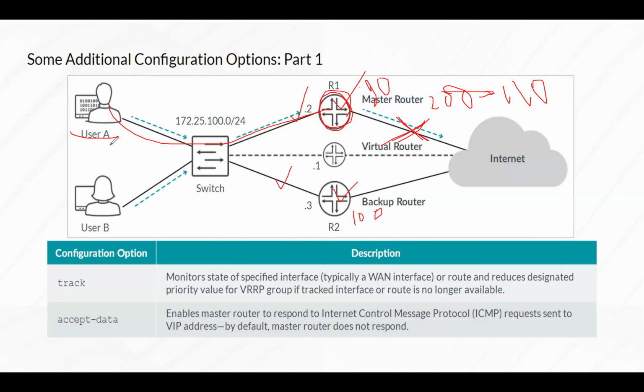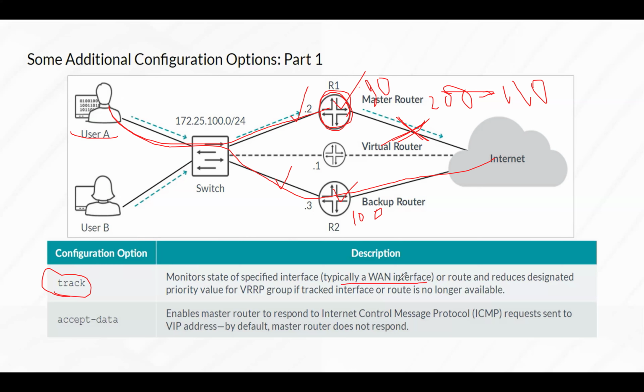In that case, user A's traffic will travel through the backup router, that means router 2. For this case, you can use the track option to monitor your WAN interface.